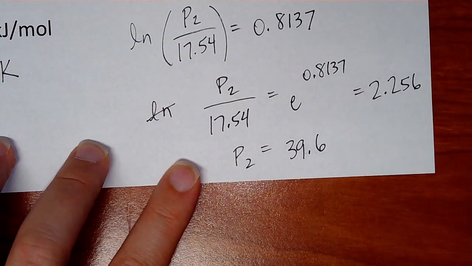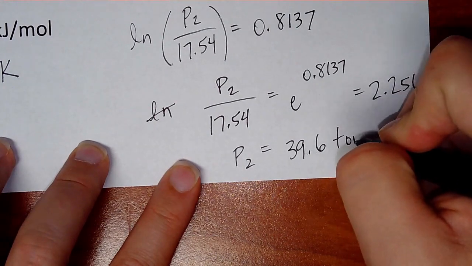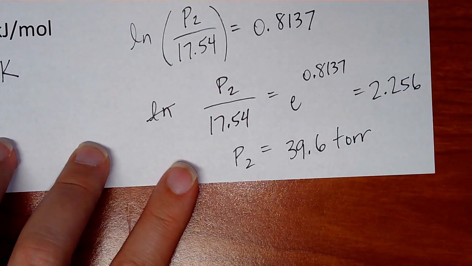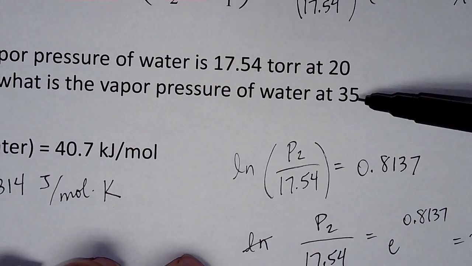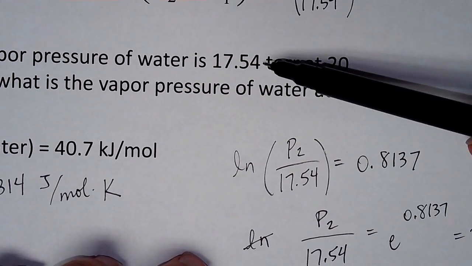And the units are going to be the same pressure units we had before, which in this case is torr. Alright, so increasing our temperature from 20 degrees Celsius to 35 degrees Celsius also increases our pressure.